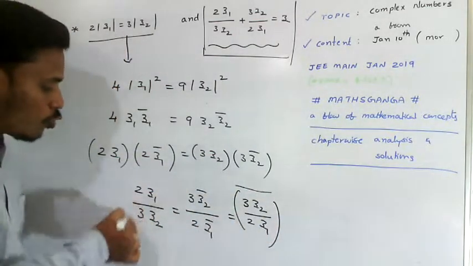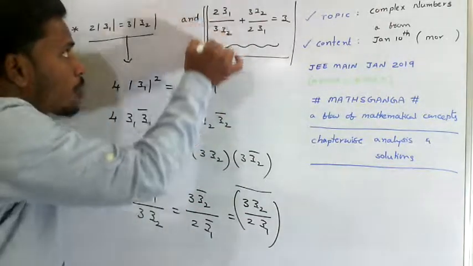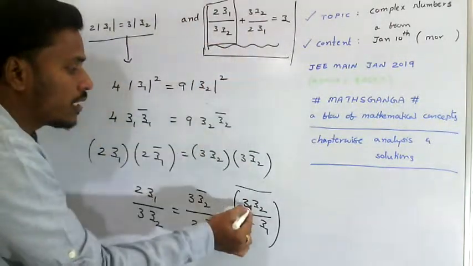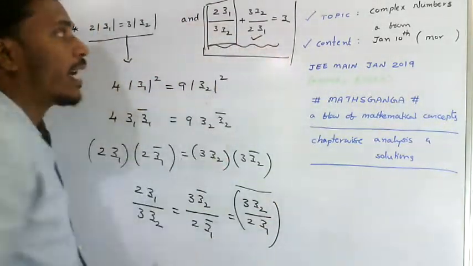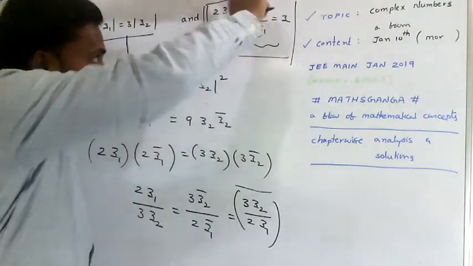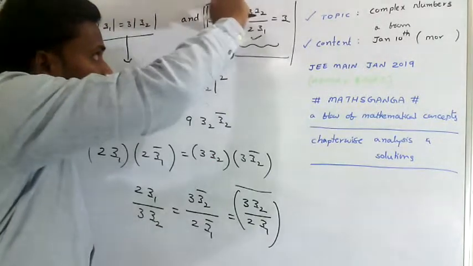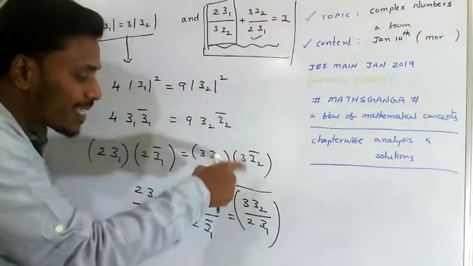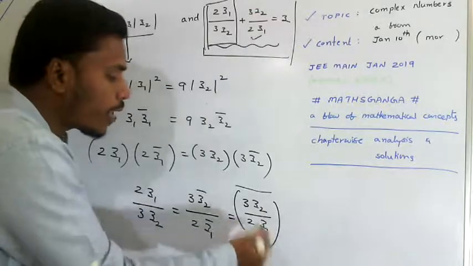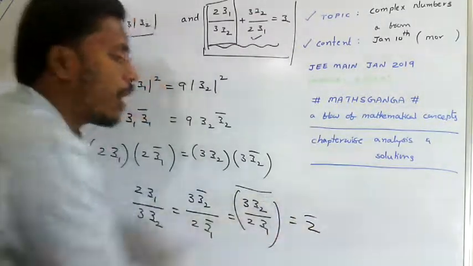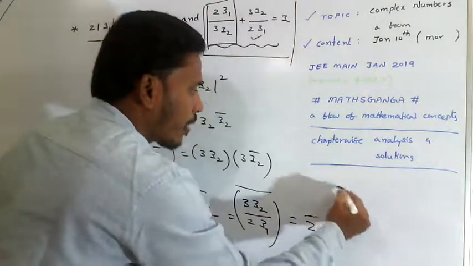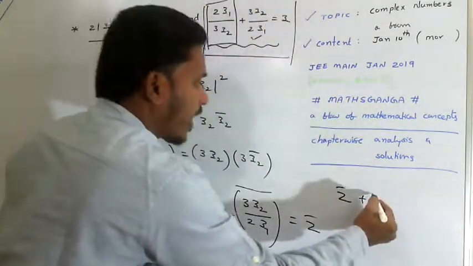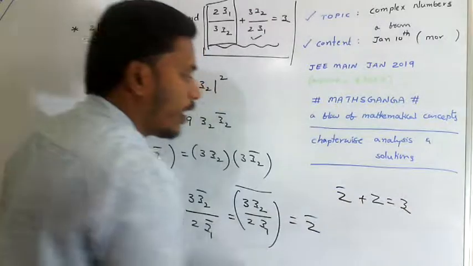So this 2z1 by 3z2, the first one, is nothing but the conjugate of the second term, 3z2 by 2z1. So this term and its conjugate, sum of these two. If you consider 3z2 by 2z1 as some capital Z, this is capital Z bar plus capital Z is equal to z.